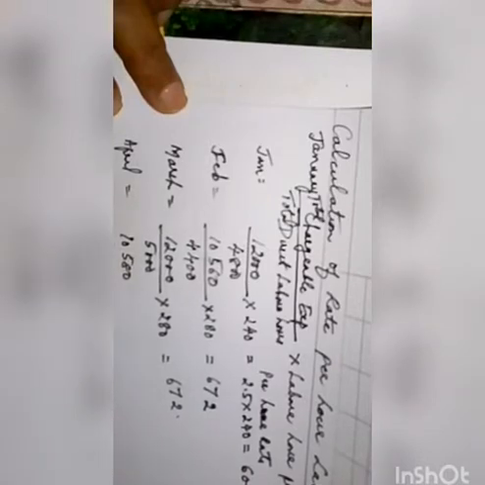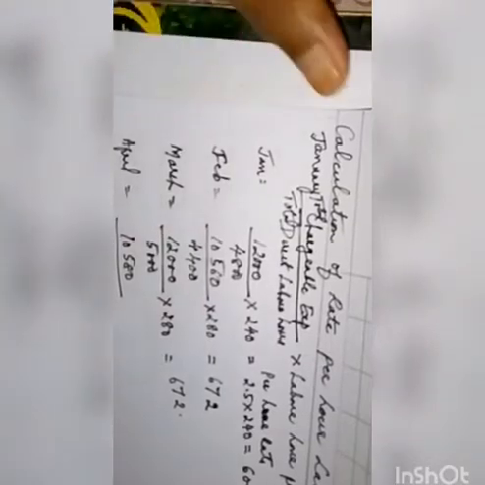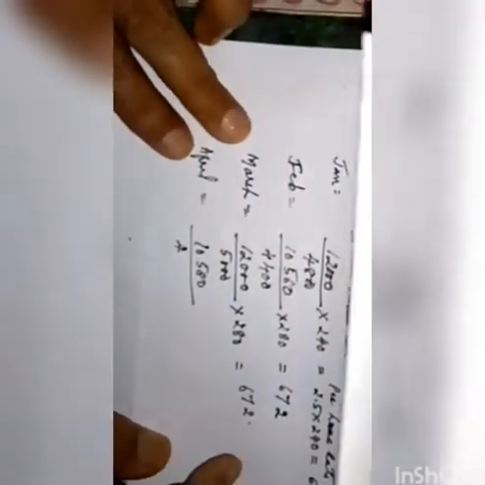For the month of April, total chargeable expenses is 10,580 divided by total number of hours worked 4,600 into 270 hours. So this comes to 621.